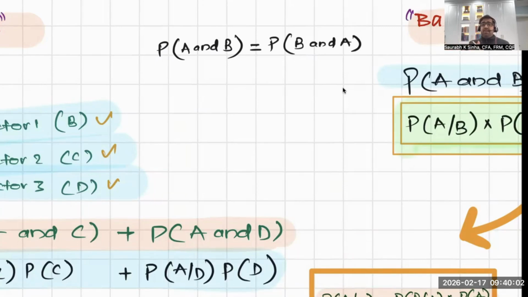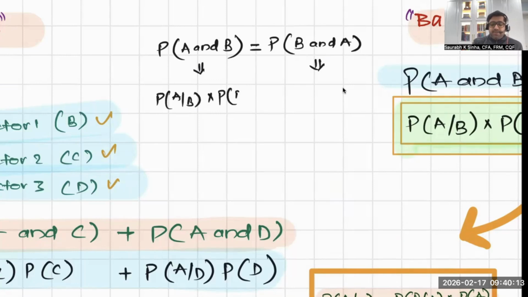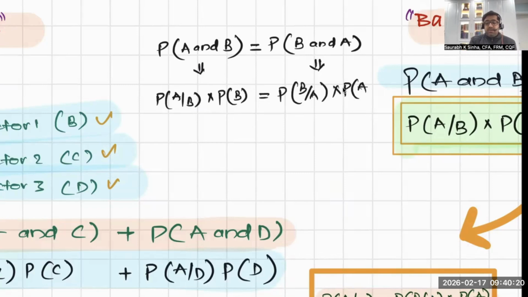Whether you write A first or B first doesn't matter. If I break it down as per the AND rule which we discussed in the last session, it will become probability of A given B into probability of B, is equal to probability of B given A into probability of A. Whether you write A first or B first doesn't matter.